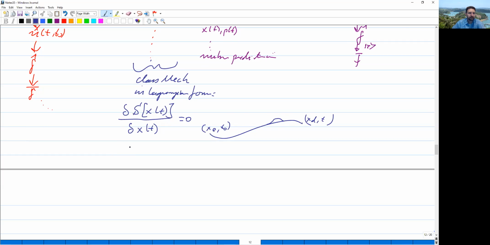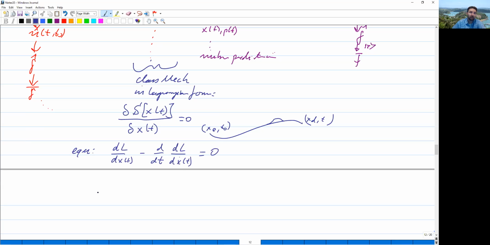Now, this can be shown to be equivalent to the Euler-Lagrange equations, which are ∂L/∂x(t) minus d/dt of ∂L/∂ẋ(t) equal to 0.